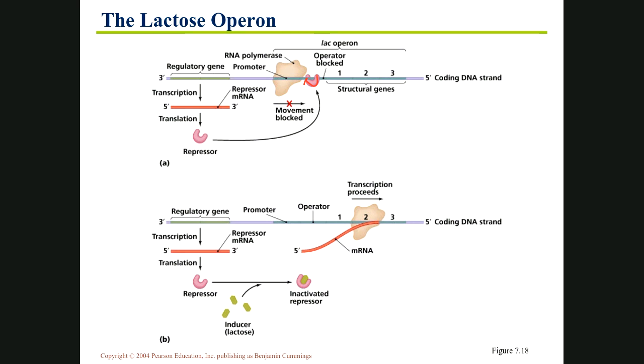If all of a sudden lactose is present and glucose is absent, the lactose is going to bind to the repressor and prevent the repressor from sitting in the operator. Now there is no repressor. RNA polymerase can sit in the promoter and begin transcription. So now the gene is free to be transcribed. But again, for that to happen, there should be no glucose and there should be lactose.